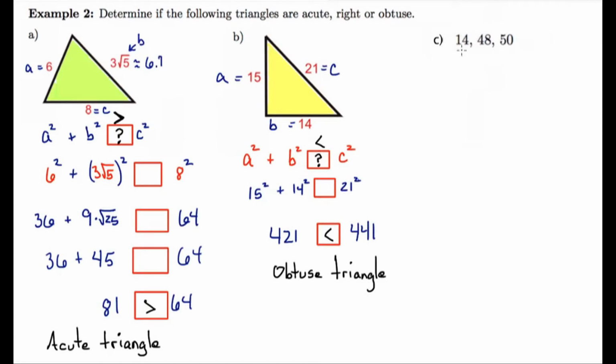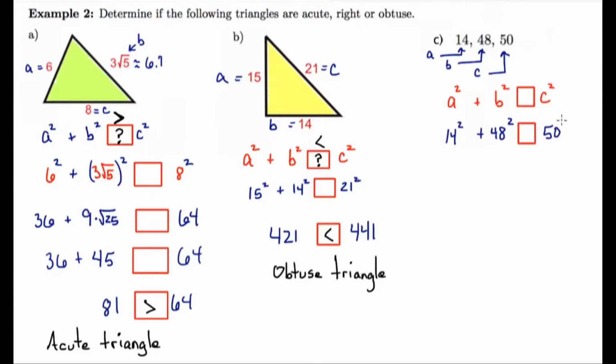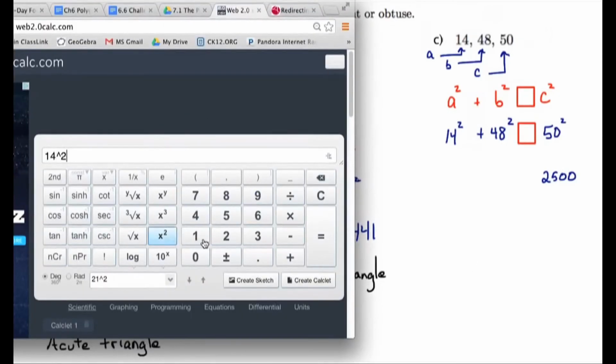So for part C, let's call 14 a, we'll call 48 b, and 50 c. I'm going to substitute it into a squared plus b squared. I'll get rid of the equal sign there. Put a box. I don't know what it is relative to c squared. So 50 squared is 2500.